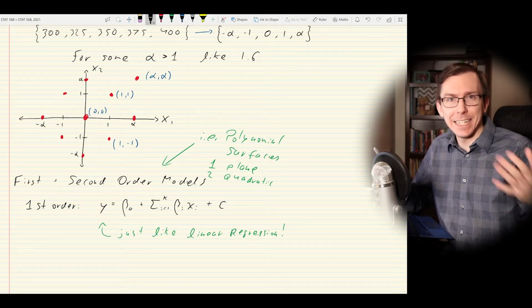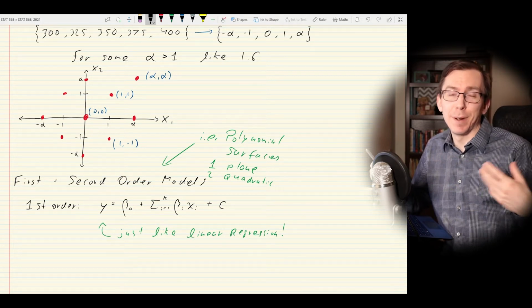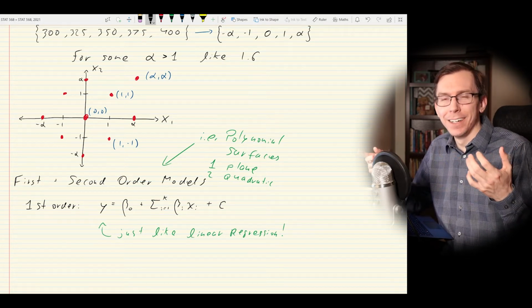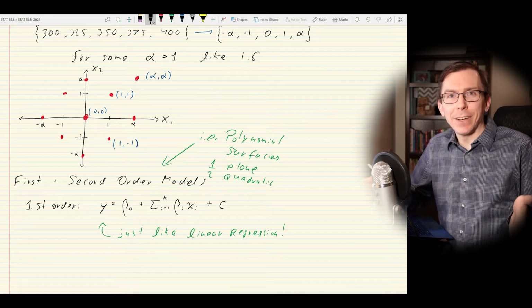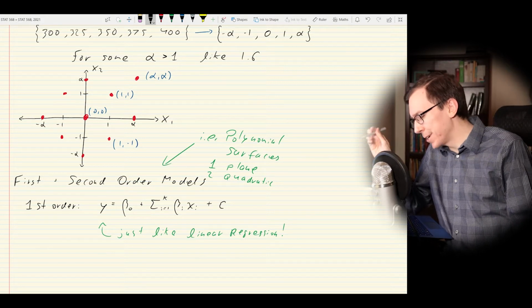Like I go and collect the heights of a bunch of people, I collect the weights of a bunch of people, and I try to figure out how weight is related to a person's height. How much do people get heavier as they get taller, for example, on average?